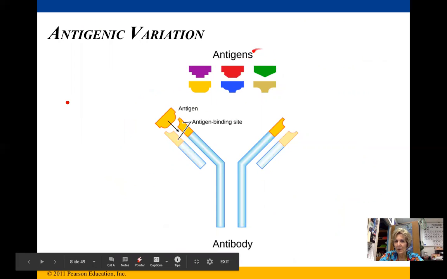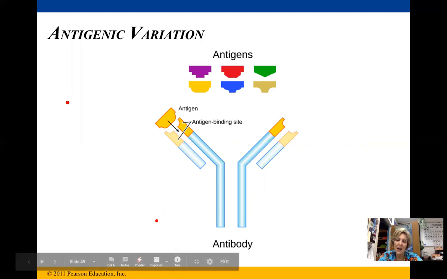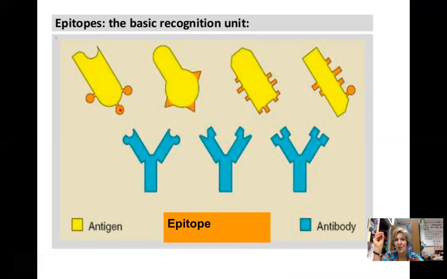Antigens can be variable, right, as we've just talked about. And so the antigenic variation just means that the antibody makes different shapes of this antigen binding site to bind with different types of antigens that it might be exposed to. Remember again that the epitope is kind of the key component to the antigen. That is the piece that is specific to the antibody.